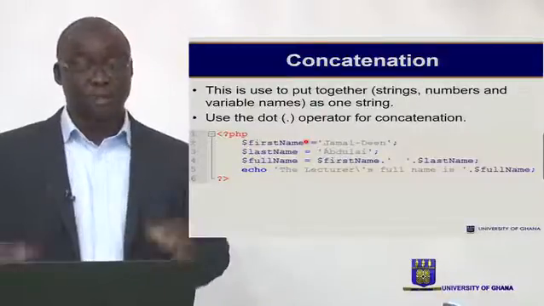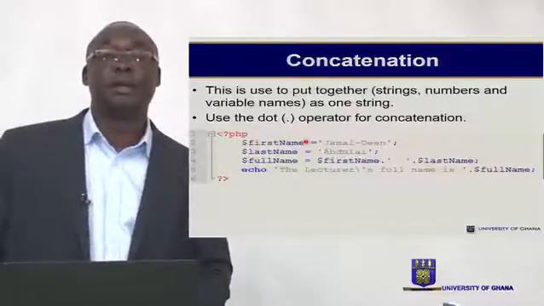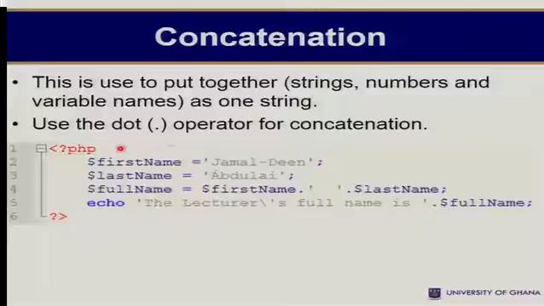A typical example, for instance, if you want to output first name in combination with last name: you have a variable called first name, which is holding the name Jamaldeen, which is my first name, and you have another variable called last name, which is holding my last name, Abdullah. Now, if I want to print a full name, all that I need to do is to concatenate the two variables.